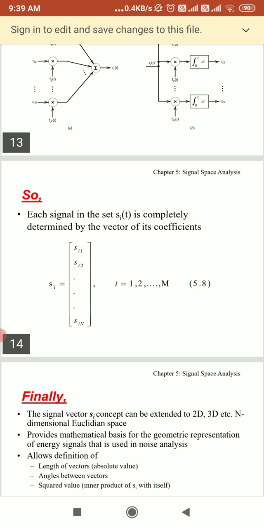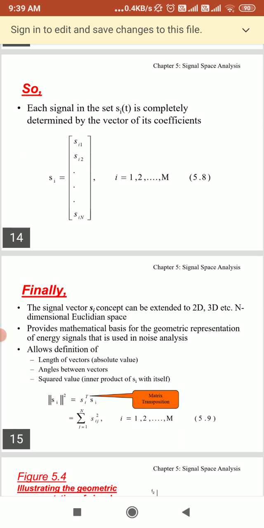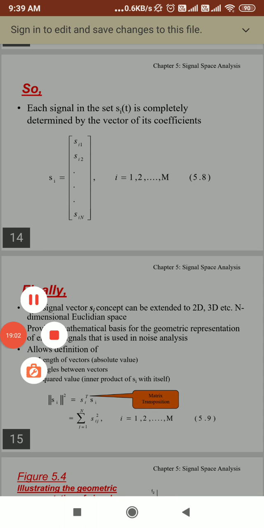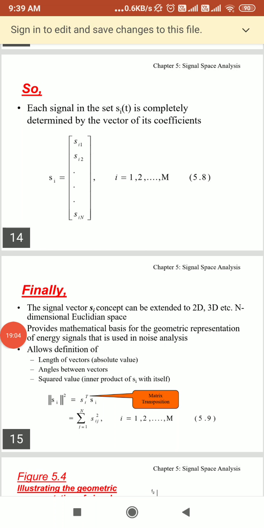The signal vector Si can be extended to 2D, 3D up to n dimensional Euclidean space, and it provides the mathematical basis for the geometric representation of energy signals that is used in the noise analysis.